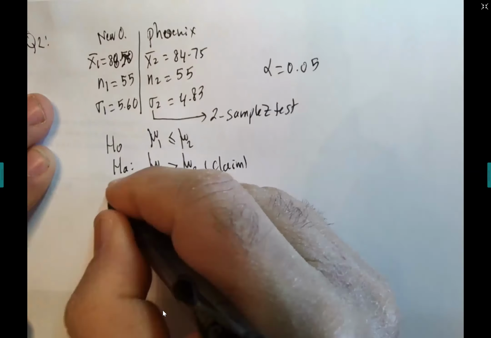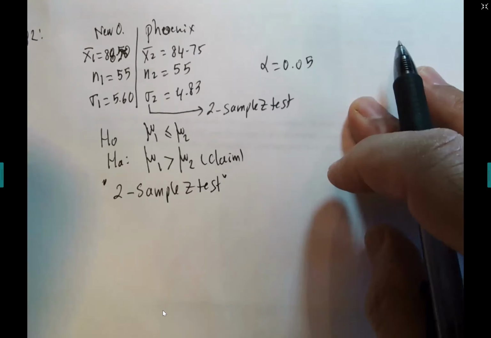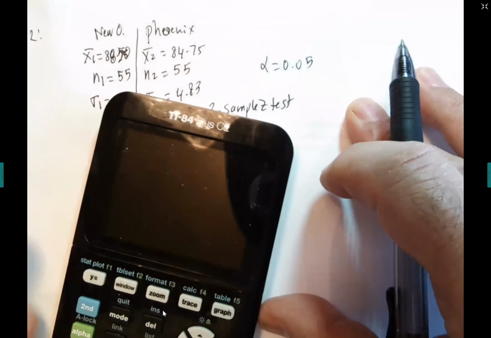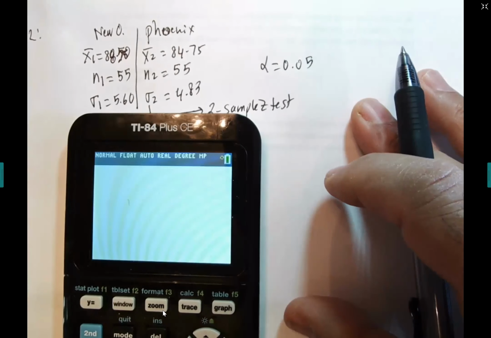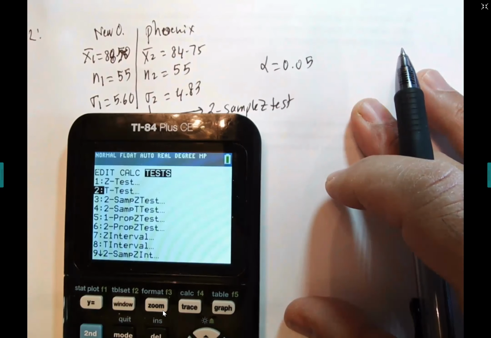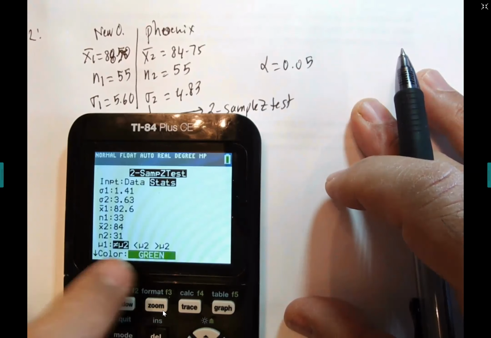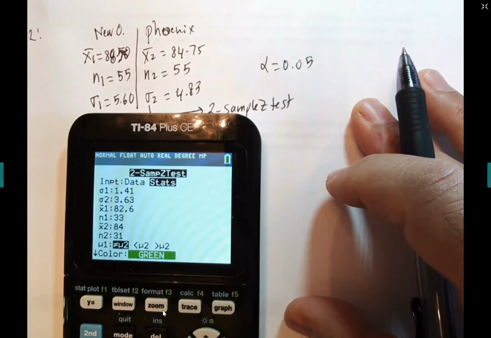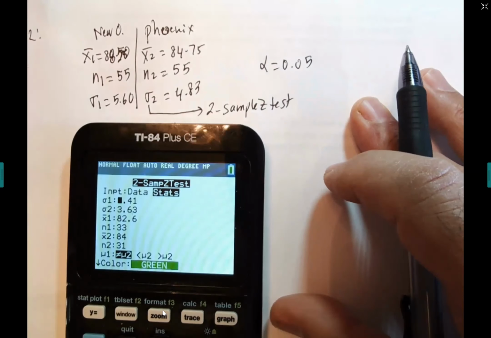And I'm done here. Technology is going to help me now. Let's go to the calculator. Turn it on. Clear the screen. Go to Stat, Tests. And then 2 sample z-test, guys. I don't have data yet here, so it's sigma 1. Okay, sigma 1 is, if I look it up, 5.60.